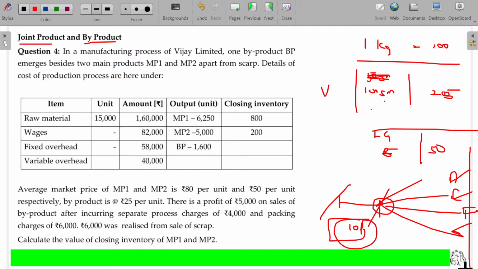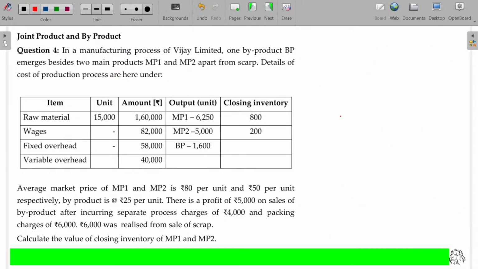Clear? Suppose some product may not have equal importance. After the process, product A, product B, product C, rupees per kg. A saleable at rupees 100, B saleable at 150, but C saleable for just 5 rupees.